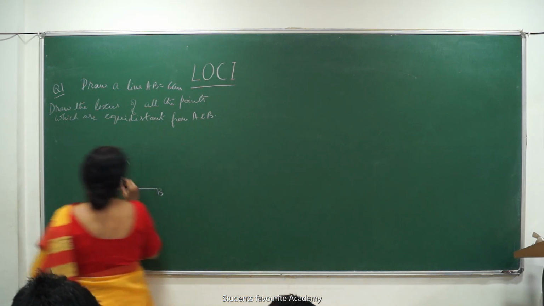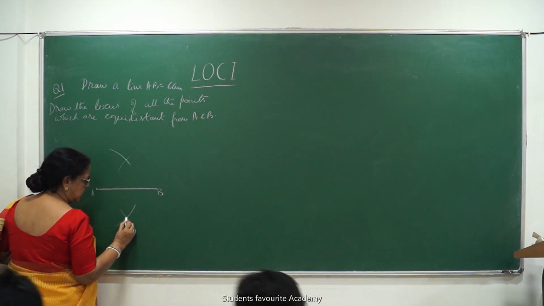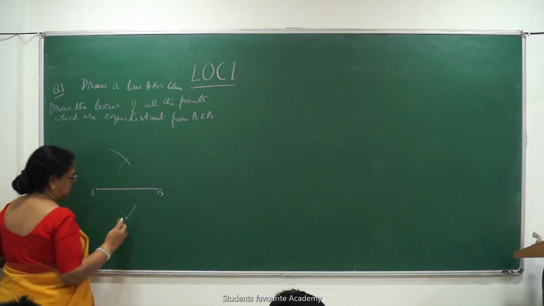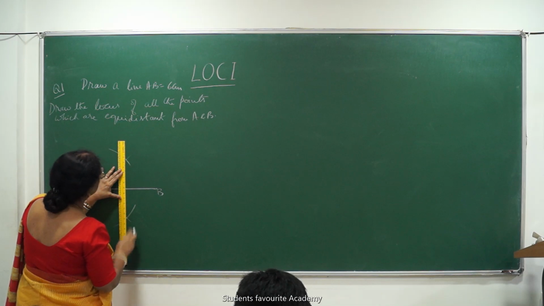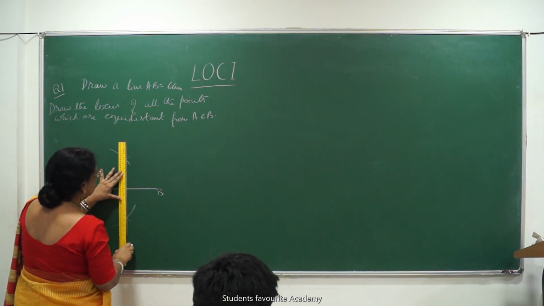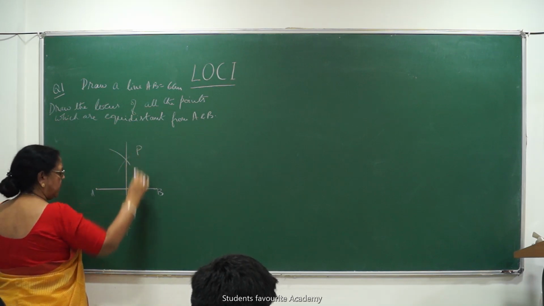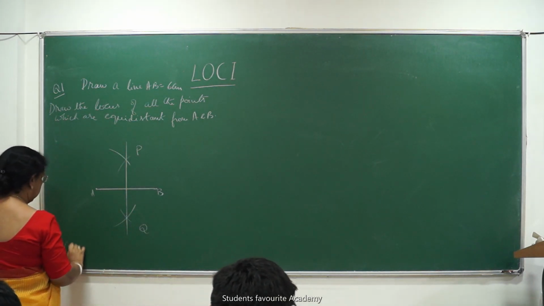Now mark the point of intersection of both the arcs. Okay? And join them and produce both sides. Okay? And then say PQ. So PQ is the required locus.